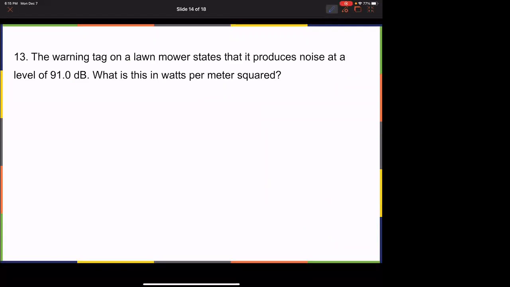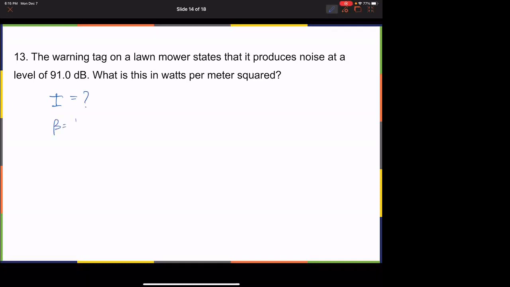All right, we're gonna do a couple problems and get out of here, just like I promised at halftime for you. It says the warning tag on a mower states that it produces noise at a level of 91 decibels. What is this in watts per meter squared? So this is the intensity level we're looking for. This is beta.